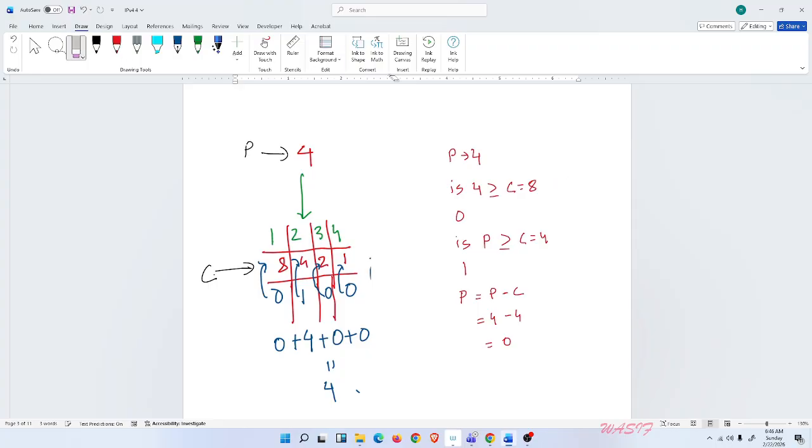Now you need to ask, is 4 greater than or equals to the column value? If the pointer value is greater than or equals to column value, we put 1, or else 0.